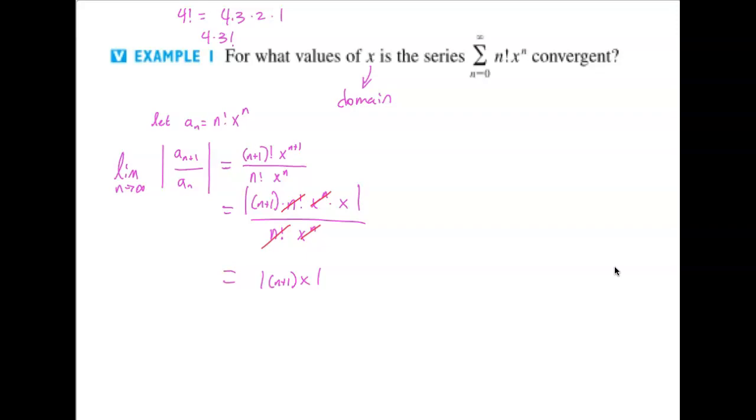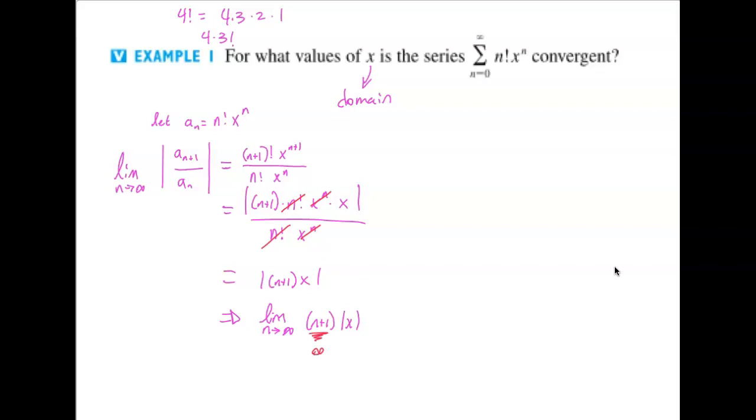All right, what we're looking at is letting n approach infinity. Do you remember the rule for the ratio test? If it's less than 1, it's convergent. If it's greater than 1, it's divergent, right? But here we're letting n approach infinity, so this is going to approach infinity.